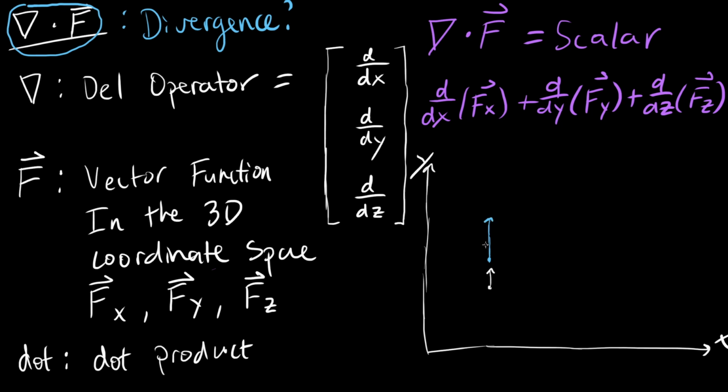We can conceptually see that as we move upwards, the vector magnitude will increase, but the direction won't change. So we know that the slope of the magnitude must be positive. If the derivative of f of y with respect to y is positive, then we know that the magnitude of the vector will increase. And this is the definition of what divergence is.